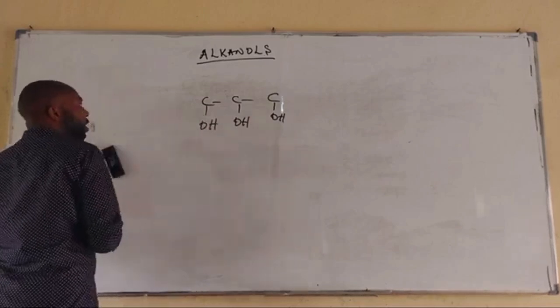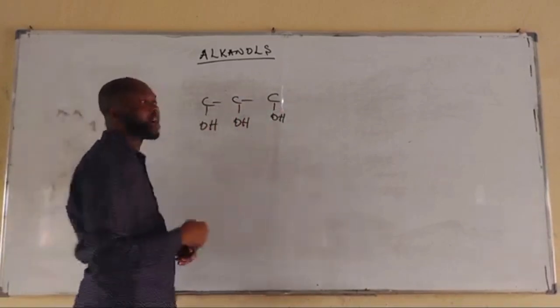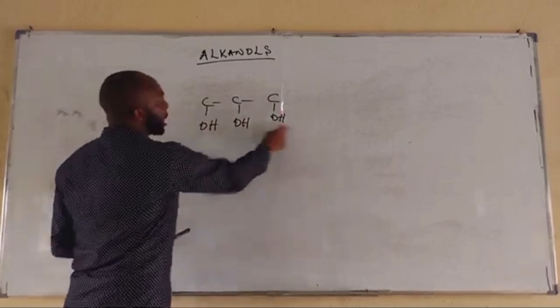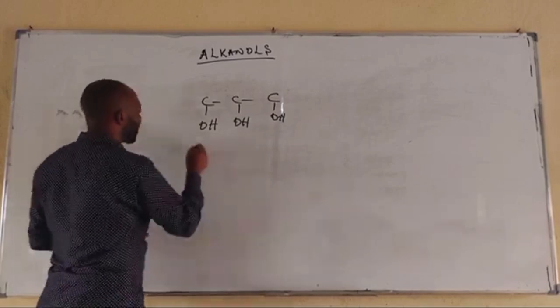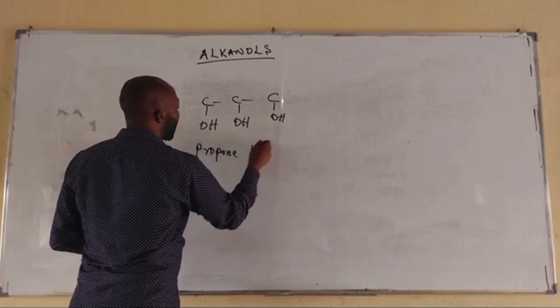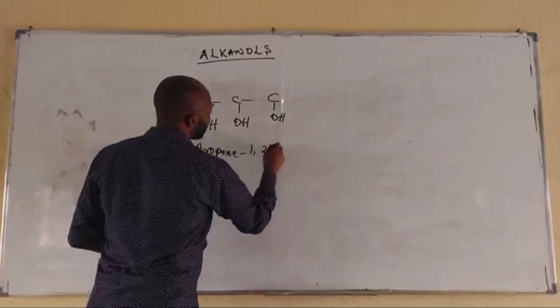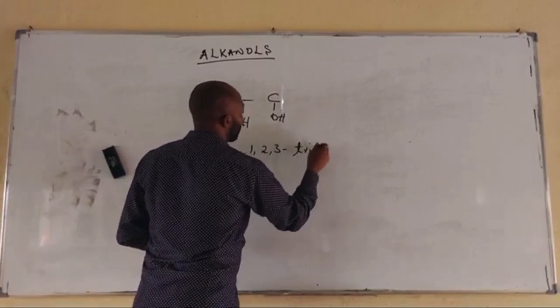This is propane 1, 2, 3 triol. Because there are 3 hydroxy groups, so it is triol. So I can easily put it as propane 1, 2, 3 triol.